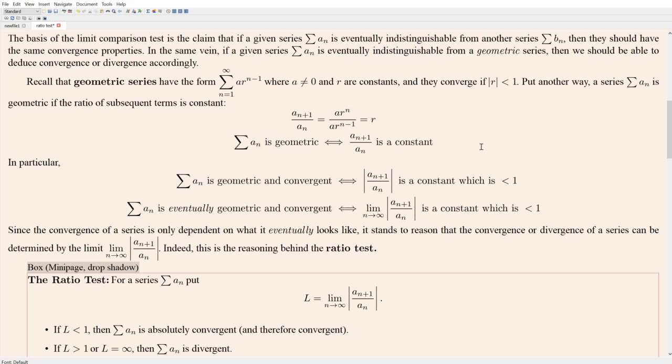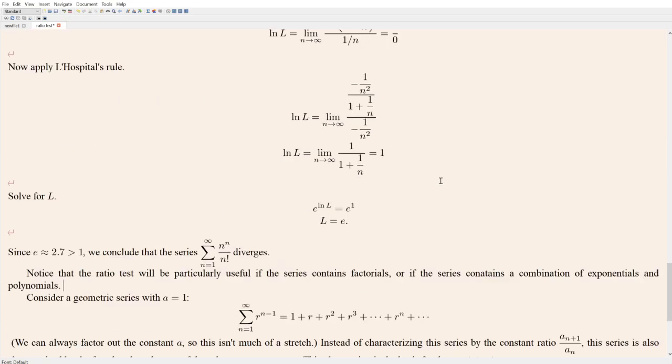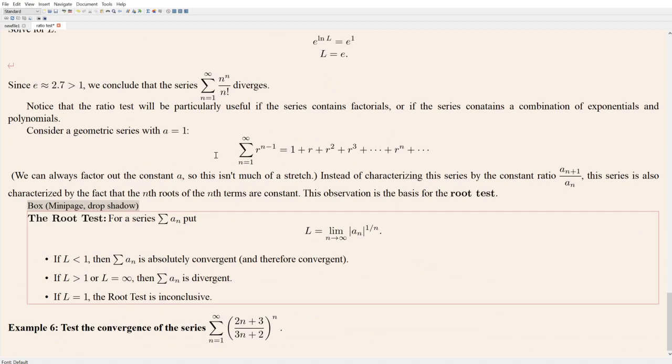This property is enough to characterize geometric series uniquely. Well, that's not the only way to characterize a geometric series uniquely. For instance, suppose we have a geometric series with a equals 1. And this isn't too much of a stretch because we can always just factor the number a out in the first place.